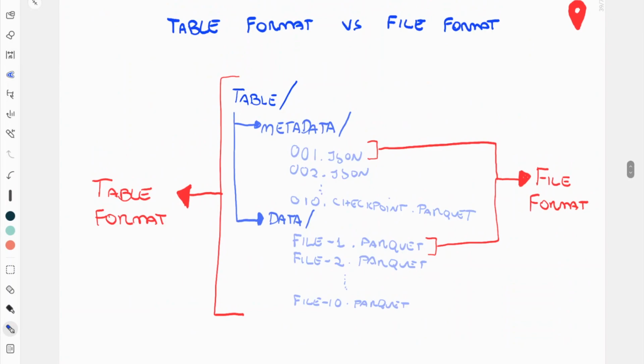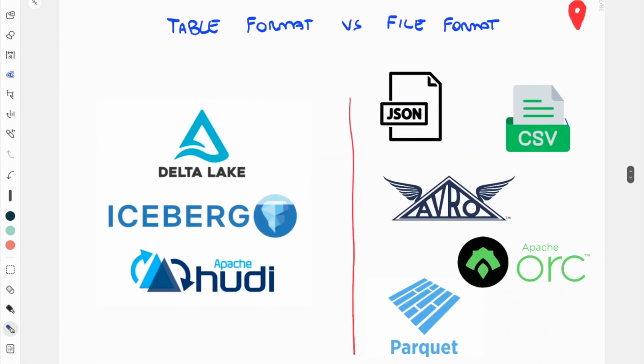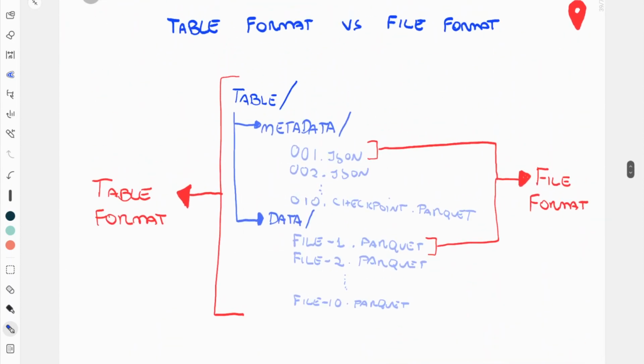And this is the structure of a Delta Lake table format, sorry. You have the concept of a table, a folder that is a table, and you have its metadata and its data. That's the main thing between storing your data as a file format and as a table format. The table format has a big emphasis on metadata.